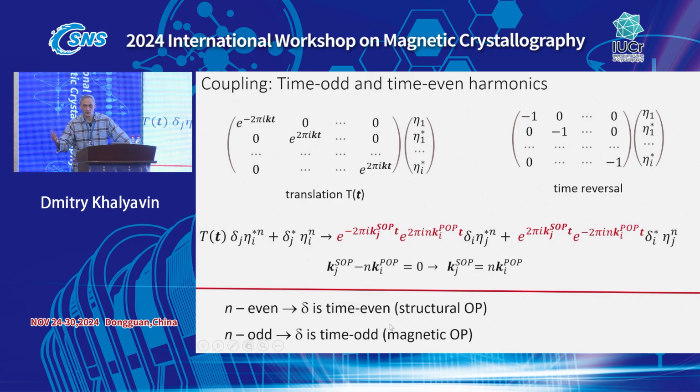It's a structural order parameter. If n is odd, delta is time odd. It's a magnetic harmonic. Probably some of you at least know that in the case of a modulated structure, we should expect harmonics. But now you know why. That comes from this very general consideration. I didn't assume any magnetic symmetry, any magnetic space group, or even the representation.